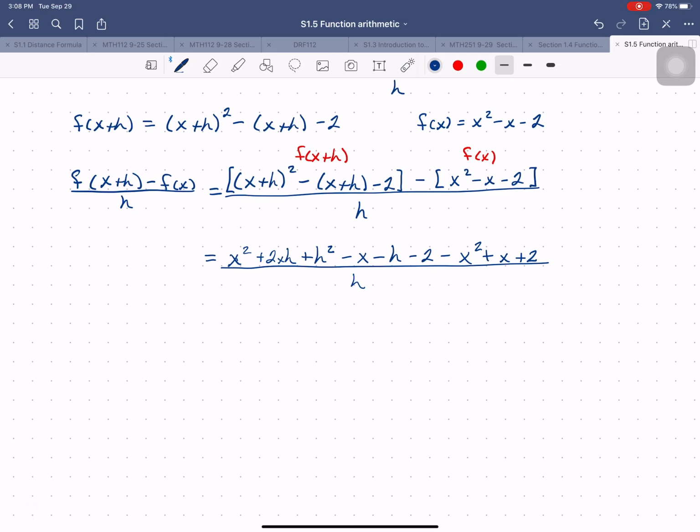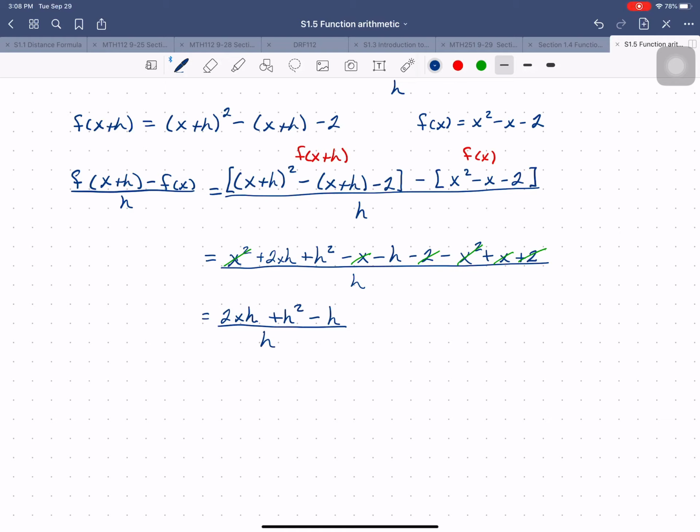And now we combine like terms on the top, and we're going to notice that the x squareds cancel, and the 2's cancel, and the x's cancel. And what I'm left with is 2xh plus h squared minus h all over h.